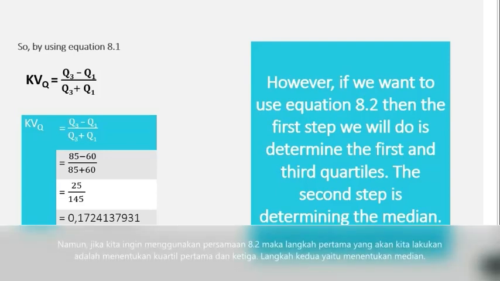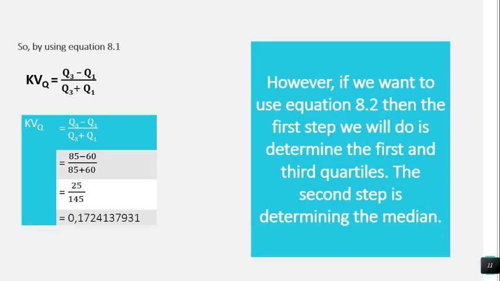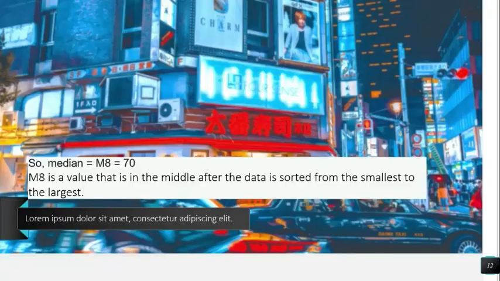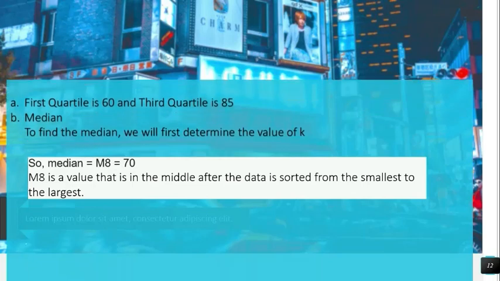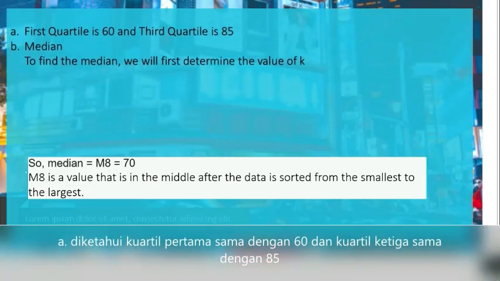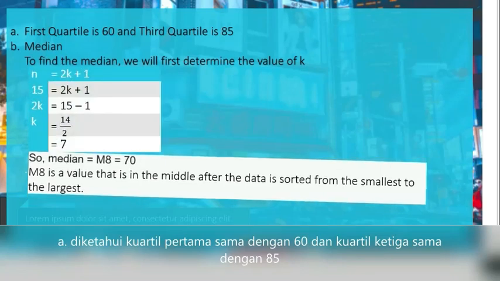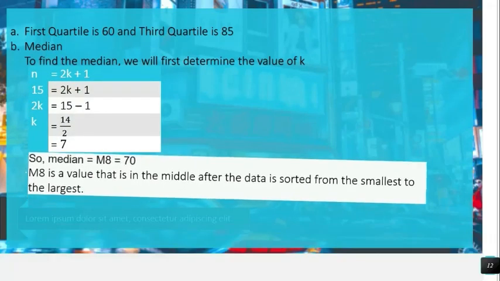However, if we want to use equation 8.2, then the first step is to determine the first and third quartiles. The second step is determining the median. The first quartile is 16 and the third quartile is 18.5.